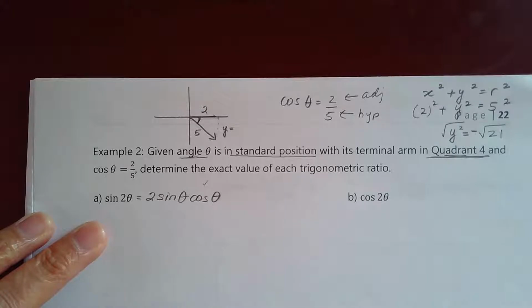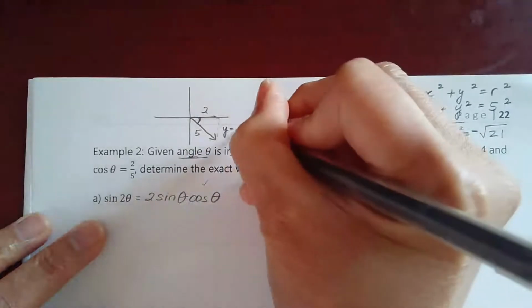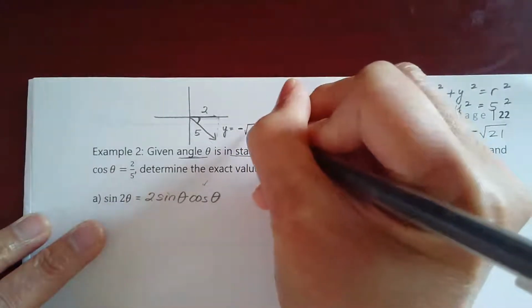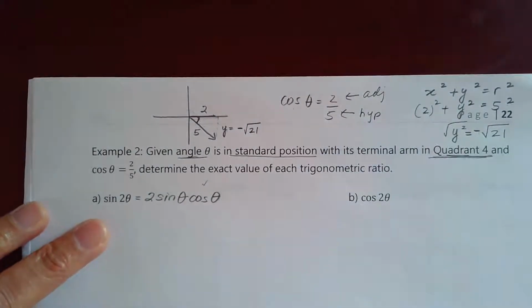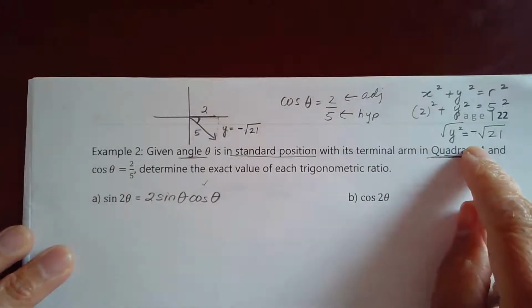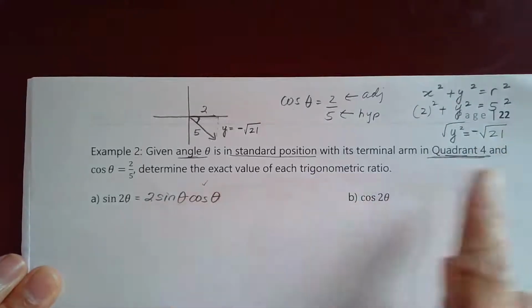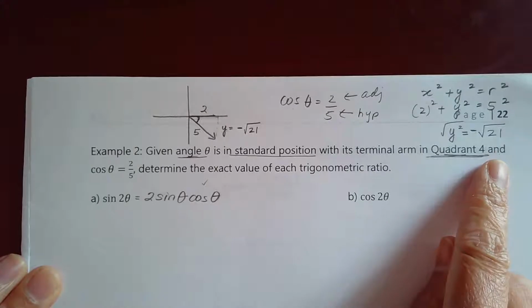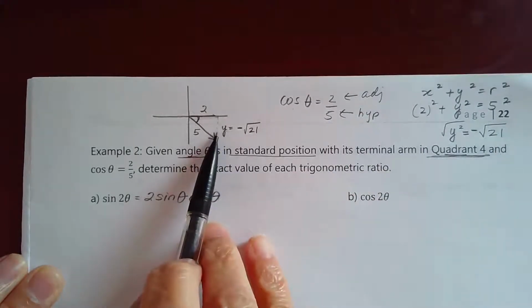You're probably thinking, well, the square root of 21 is positive. That's correct, but because it's in quadrant 4, it's going to have a negative y value. So we take the negative square root. Now that we have that, y is negative root 21.